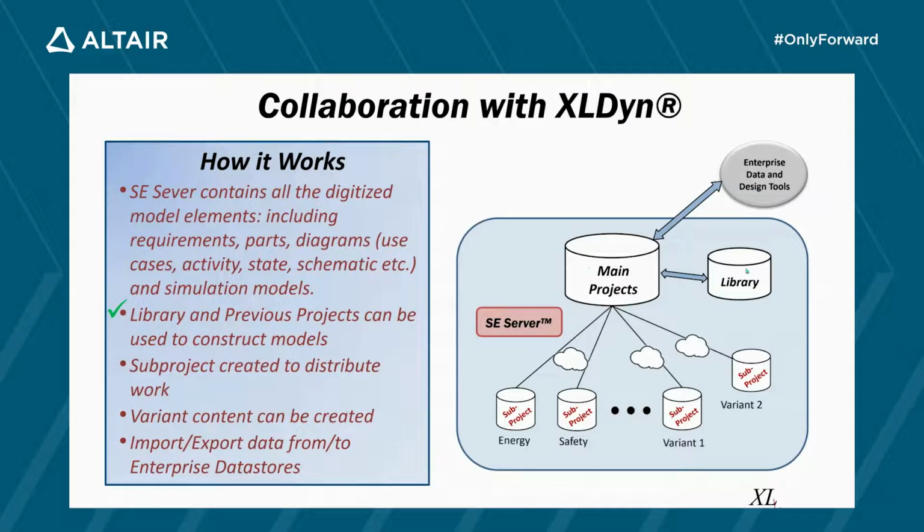These main projects can be created from the library. Main projects can be created from other projects, or the artifacts can be created directly in the user interface. So you can have a combination of things available.